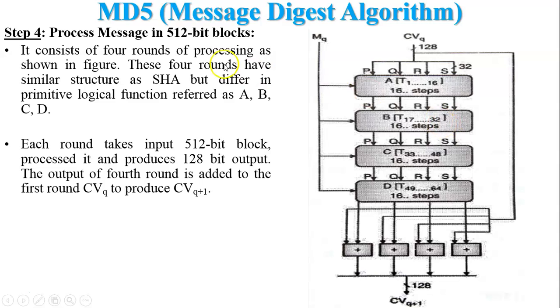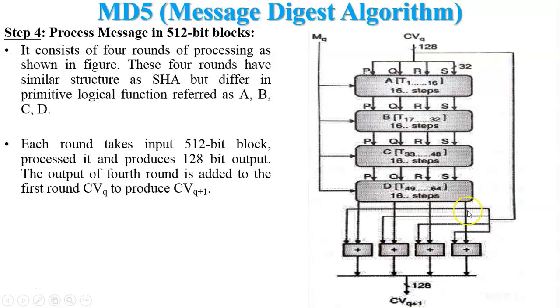In this figure, as discussed, there are 4 rounds of processing: 1, 2, 3, 4, each with A, B, C, D. Each round takes the 512-bit block as input, processes it and produces a 128-bit output.